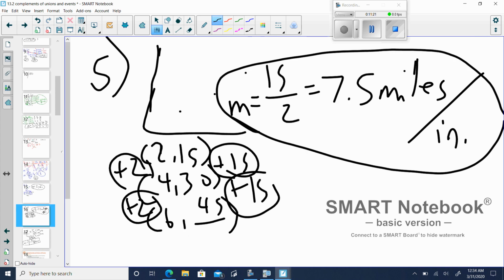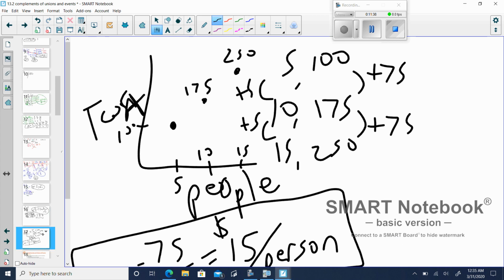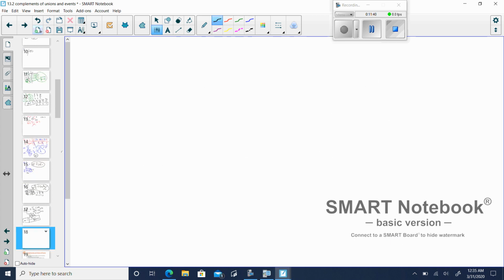We have that constant rate of change, change in B over change in A, 7.5 miles per inch. 15 over 2, 30 over 4, 45 over 6, we get 7.5, 7.5, 7.5. So 9 is a yes as well.